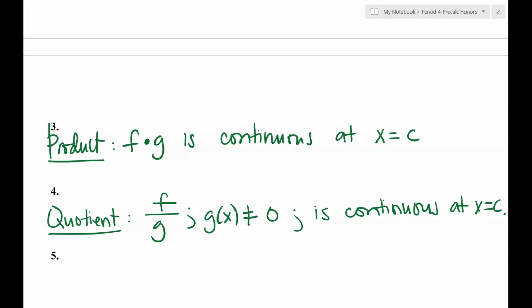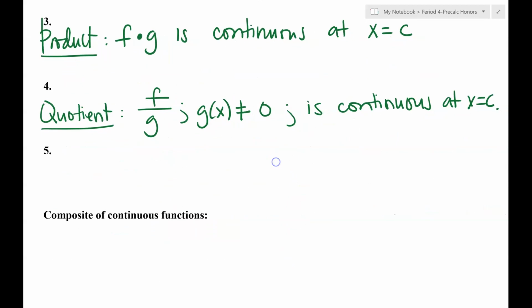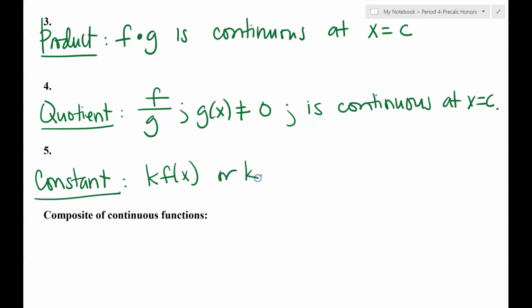And the last one is when we multiply by a constant. So constant. We can take k and multiply by f of x, or we can take k and multiply by g of x. It doesn't matter what constant you have chosen. It should still be continuous at x equal to c. Okay, so that's all about continuous functions.